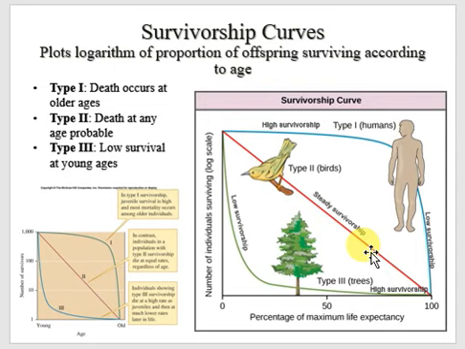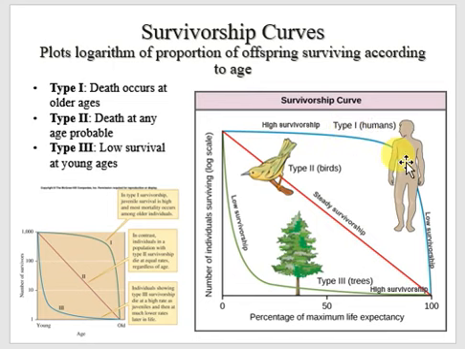When you think about the type of species that are examples of these survivorship curves, a lot of these are organisms that have relatively few offspring, but also provide significant parental care. So very similar parenting behavior to that of the species that you find in type 1.